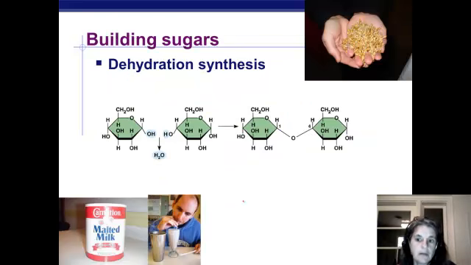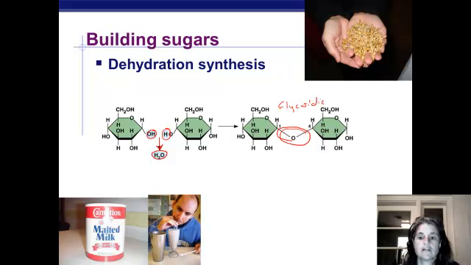So, when we build more complex sugars like disaccharides, we do a dehydration synthesis, which means this sugar is going to lose an H, this sugar is going to lose an OH. They are going to come together forming water. That's going to leave, and what's going to be left behind is this covalent bond called a glycosidic linkage.